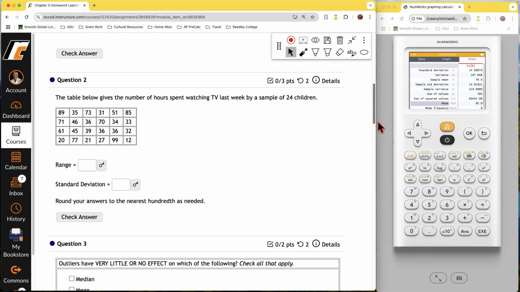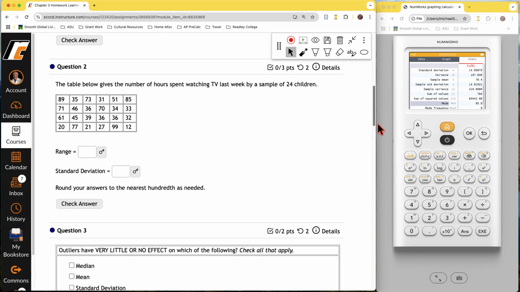Table below gives the number of hours spent watching TV last week by a sample of 24 children. They want the range and the standard deviation. Now, the range is not so hard. You could probably do it without entering all these if you could find the largest and the smallest and then just subtract them. However, standard deviation isn't as easy a calculation as that.